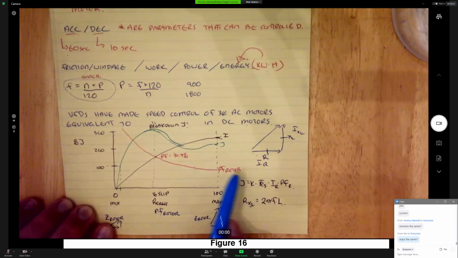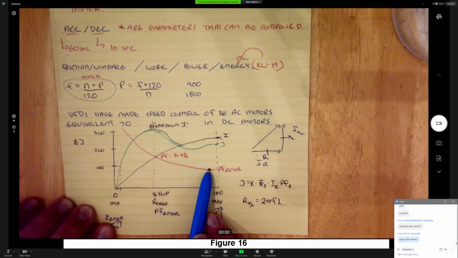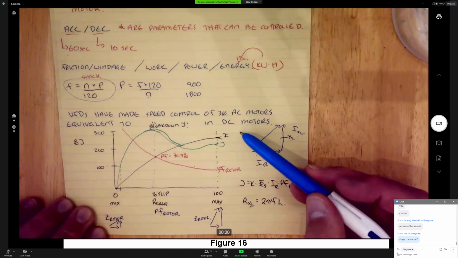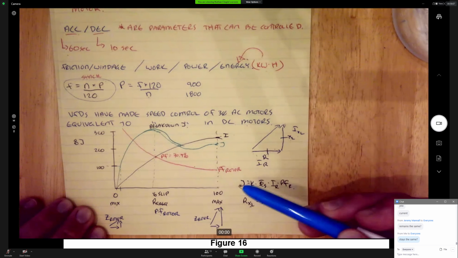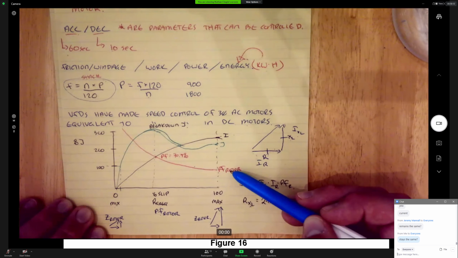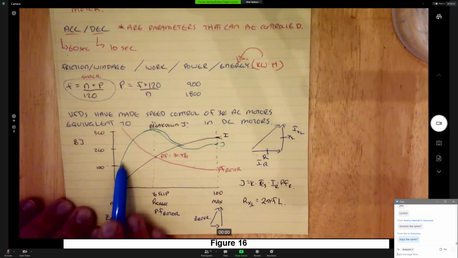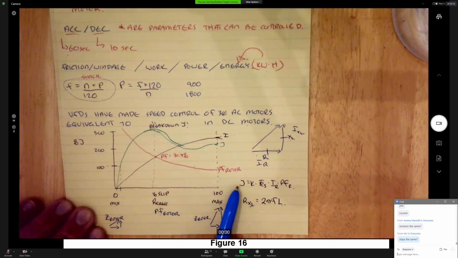Would you agree that the increase and decrease in current and rotor power factor, do they cancel each other out? Mostly, we'll say mostly. There are some variants, but the current drawn by the rotor and the power factor of the rotor contribute to making this torque curve. That's what this whole graph really is showing, the relationship in this formula.